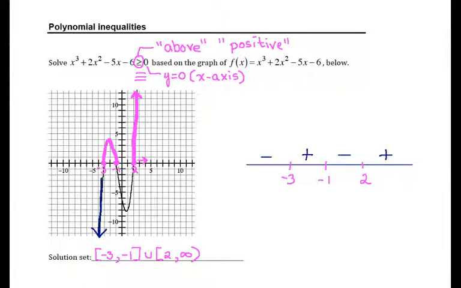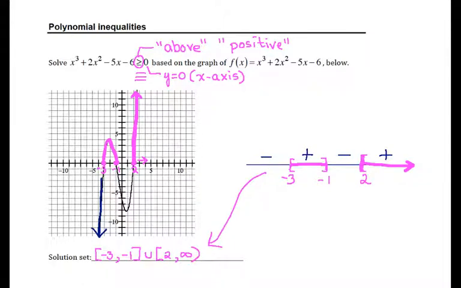So looking at this number line, I would know from the inequality to highlight the positive intervals. And then to consider whether it's a strict or an inclusive inequality to determine my bracket type. So from this number line also, I would be able to get my solution set that I have written down here from the graph.